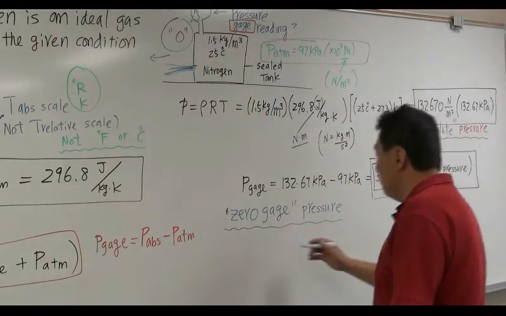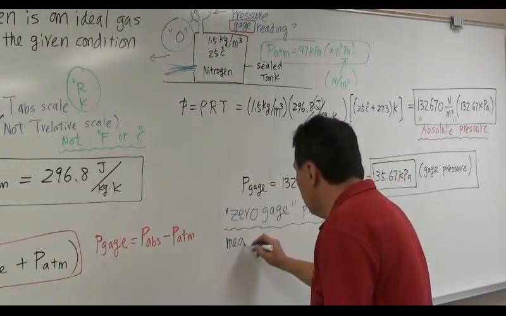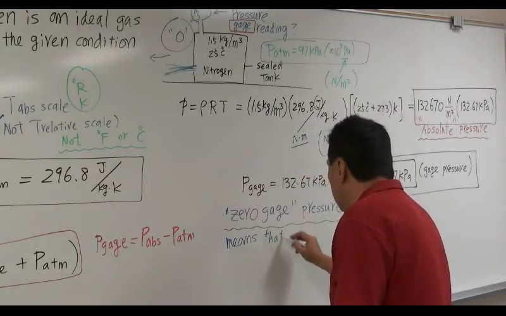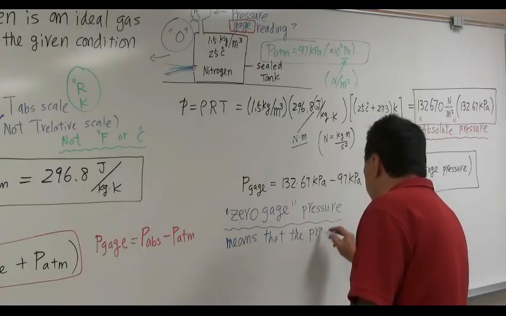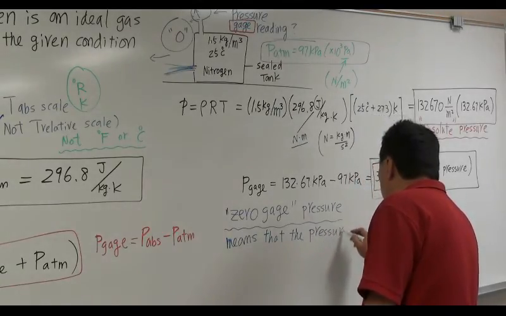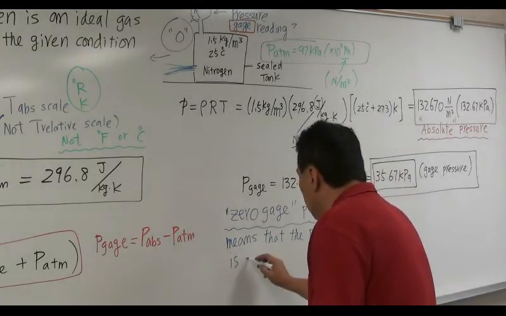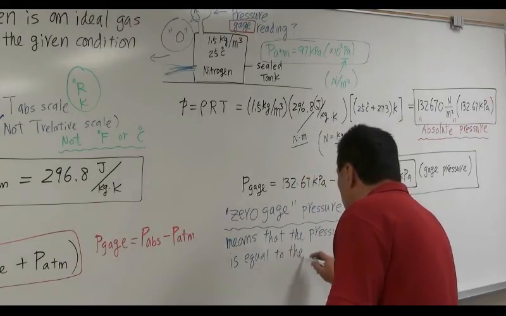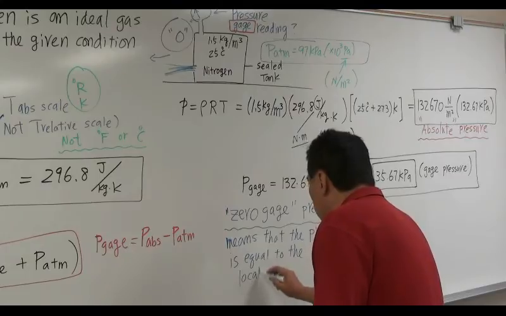So zero gauge pressure really means that the pressure is equal to local atmospheric pressure.